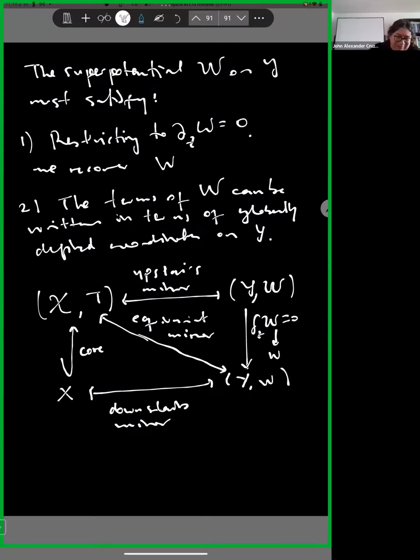So what is the equivariant mirror, the equivariant mirror in Aganagi's sense, the equivariant mirror of X? And I put here T because of the action of the torus, right?